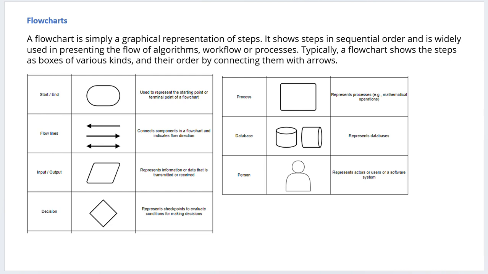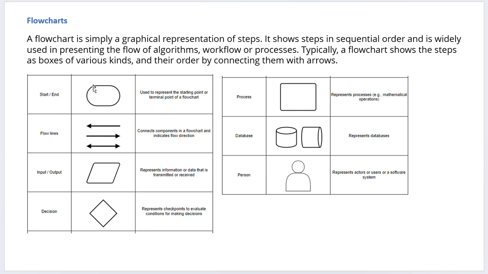It's a language by which a technical architect can communicate with developers and express the design of the software. A flowchart is simply a graphical presentation of steps. It shows steps in sequential order and is widely used in representing the flow of an algorithm, workflow or process. Typically, a flowchart shows the steps as boxes of various kinds, and their order by connecting them with arrows.